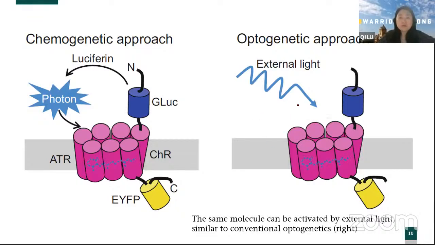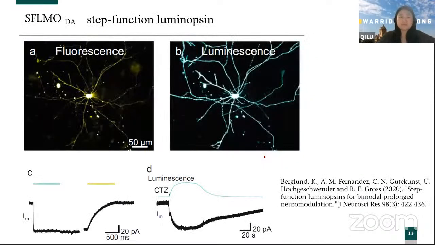Also, without the substrate, it can be directly activated by providing external light to the channel. So these are the same construct, the same molecules, and they can be activated by external light, similar to conventional optogenetics.